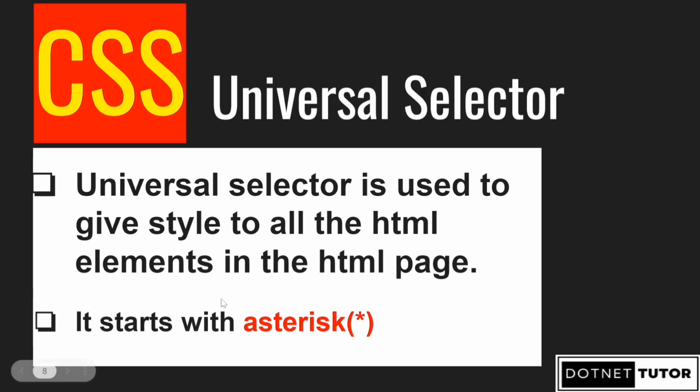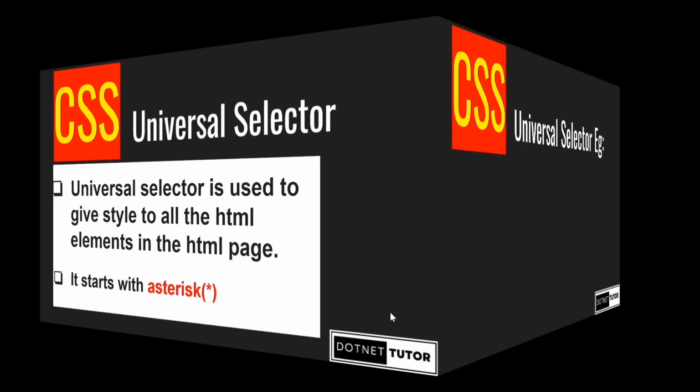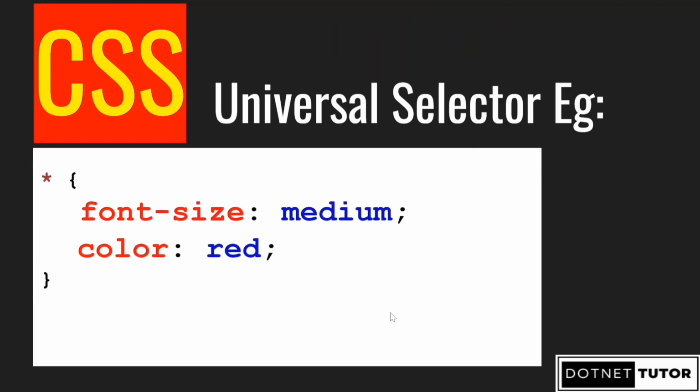We give the style with the asterisk symbol. It starts with the asterisk symbol. Here, font size and color: the universal selector star means that for all the paragraphs, headings, and whatever elements in the HTML, the font size is always medium and the color is always red. So let's see the real-time example.